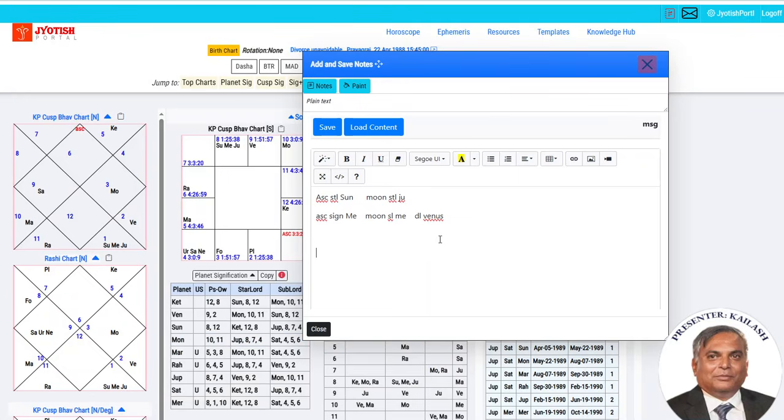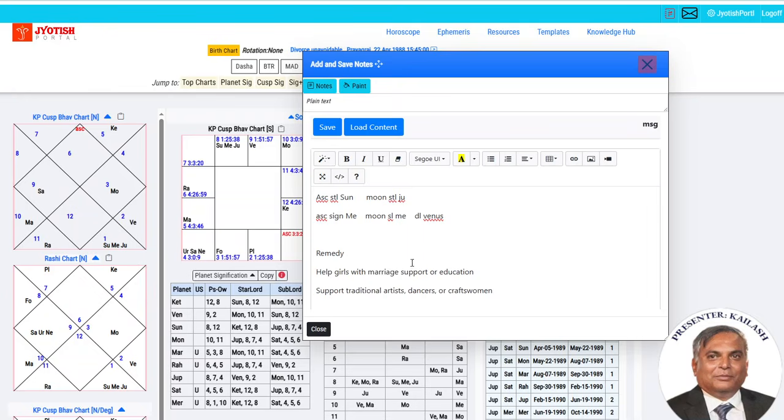Now comes the remedy part. When somebody is going through a crisis, this is one aspect where they would be looking for some advice. So when my friend asked me, I recommended, since we know Venus is the Antardasha lord, that you have to do a Venus related remedy, and I suggested these 2.